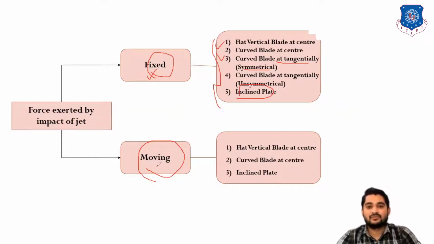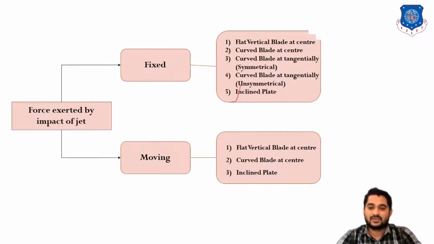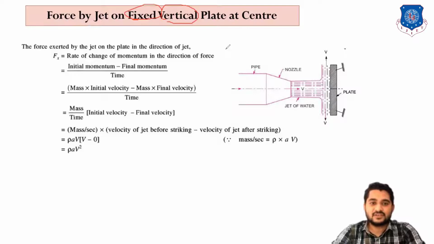Now in the moving cases, first one is flat vertical blade, second one is curve blade, and third one is inclined blade. So we have to learn 5 plus 3, a total of 8 theories and their examples in this chapter. Now let us understand the first theory of this chapter, force exerted by jet on fixed vertical plate at the center.